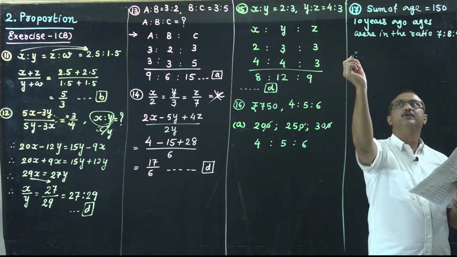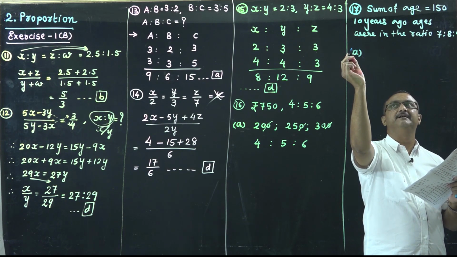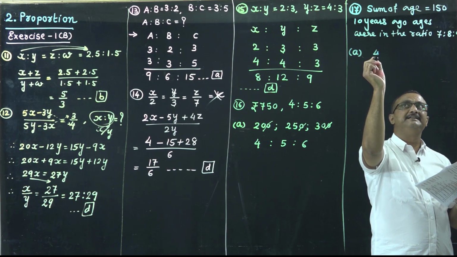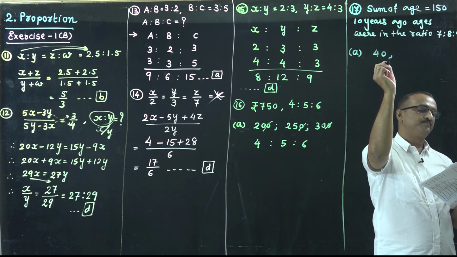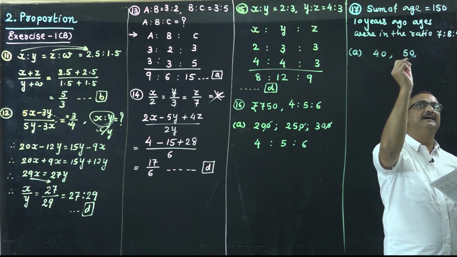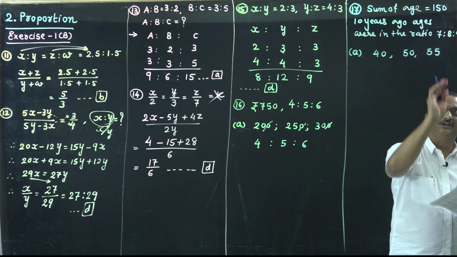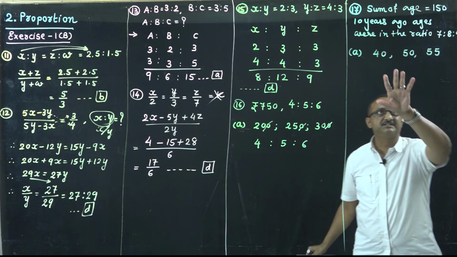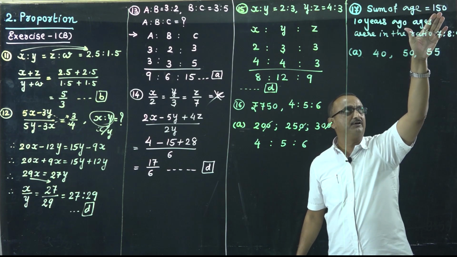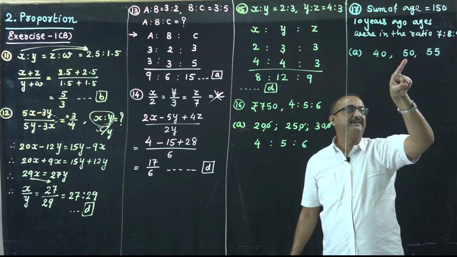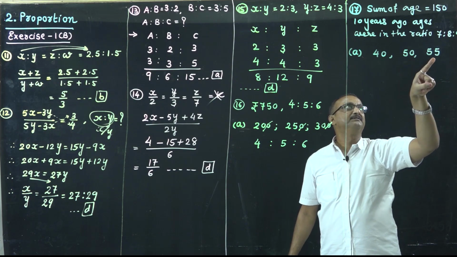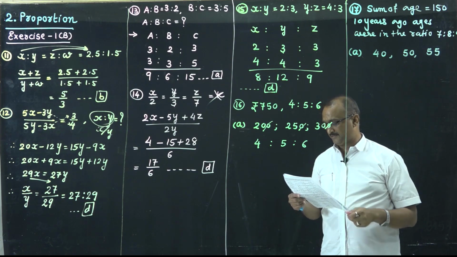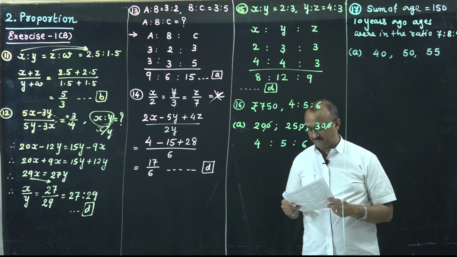Option A. We will put them one by one. Option A is given by 40, 50 and 55. First of all, check out whether the total of the ages of these 3 persons is 150 years or not. 40 plus 50 is 90. 90 plus 55, it is not, wait.